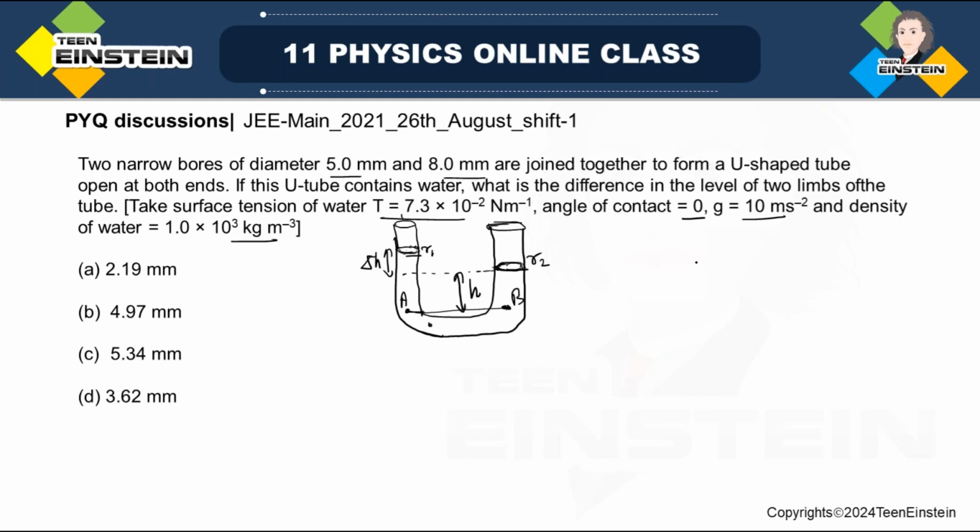If you remember, in case of capillary action, if you have a narrow bore tube and you dip it in a liquid of surface tension T, then the rise of liquid inside the capillary will be given by h is equal to 2T cos theta divided by rho r g, where r is the radius of the capillary.